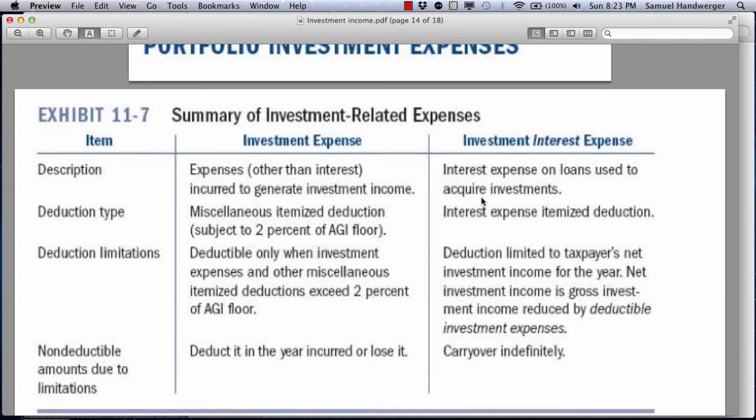That's not a penalty, it's just the way the tax law works. It's not considered a business loss. It's not considered something that carries over. So if you get to use it tax-wise, great. If not, it's just the way it is.